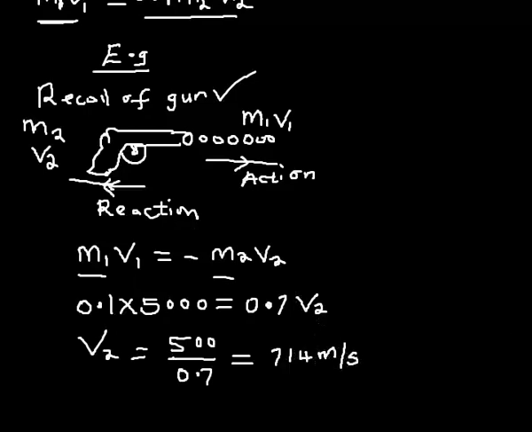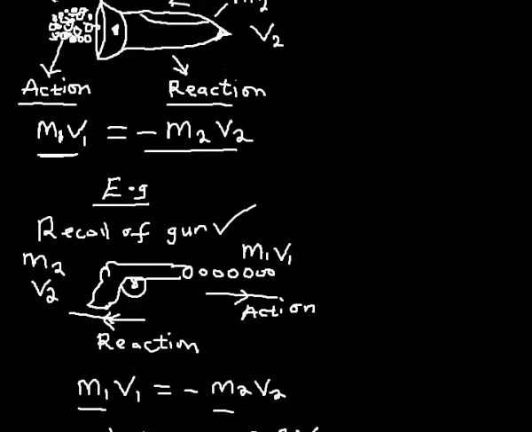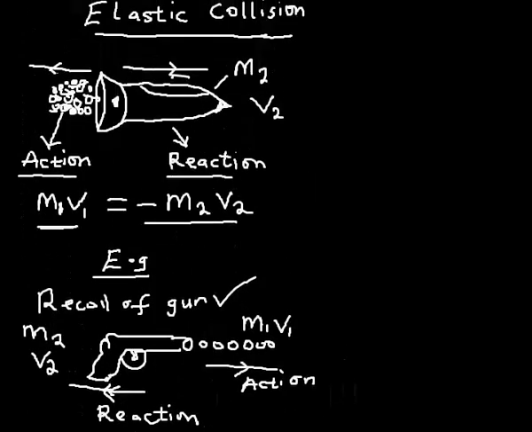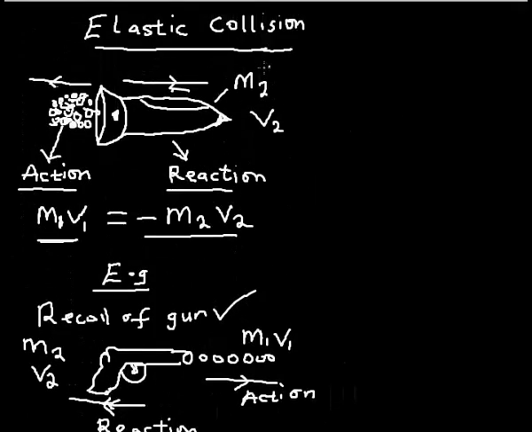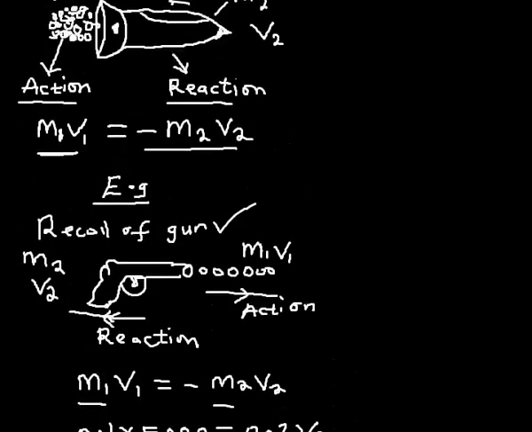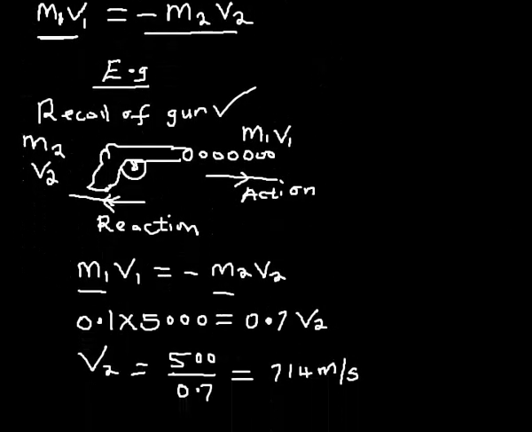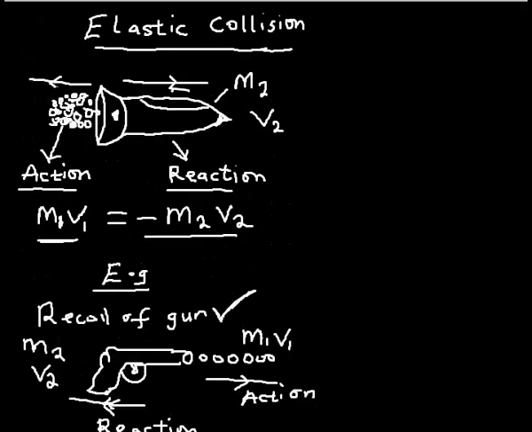That is how we apply Newton's third law in the cases of elastic and inelastic collisions. Other things you need to learn are the applications of Newton's third law. We've talked about the recoil of a gun, and rocket propulsion.